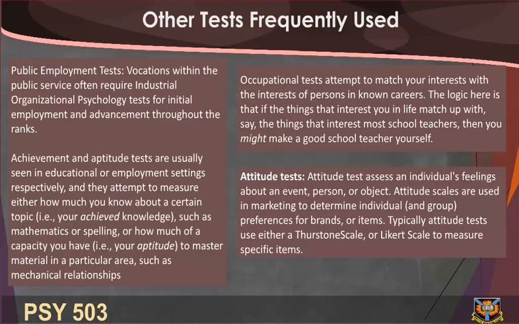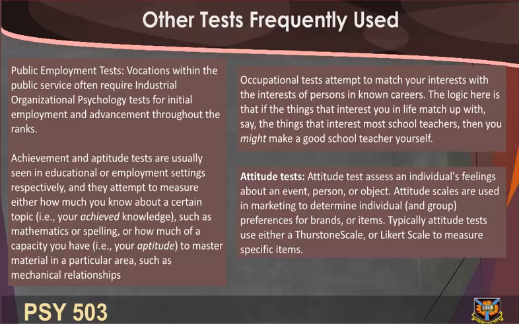Occupational tests attempt to match your interest with the interests of persons in known careers. The logic here is that if the things that interest you in life match up with, say, the things that interest most school teachers, then you might make a good school teacher yourself.